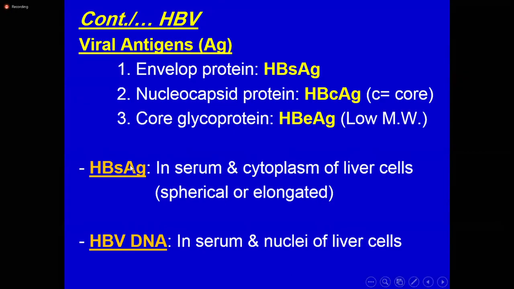Hepatitis B surface antigen, you have to remember this wording, is present in the serum and cytoplasm of the infected liver cells. It can be spherical or elongated. The hepatitis B virus DNA could also be detected in the serum and in the nuclei of the infected liver cells.